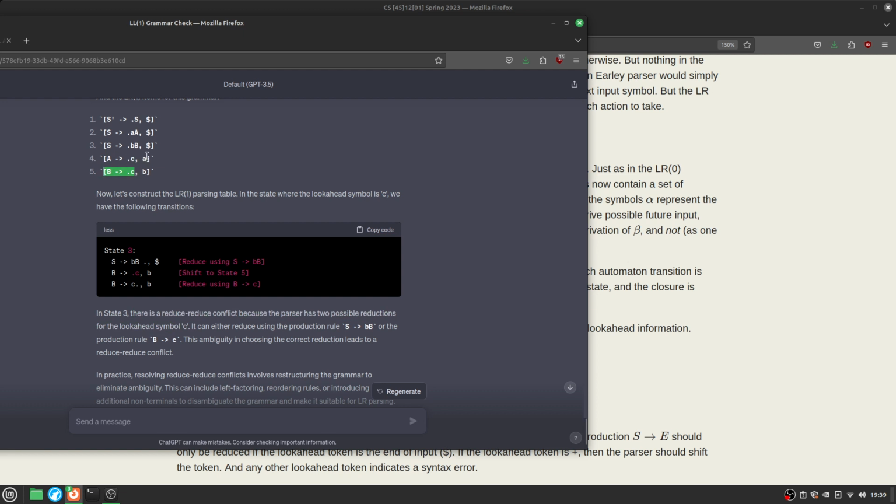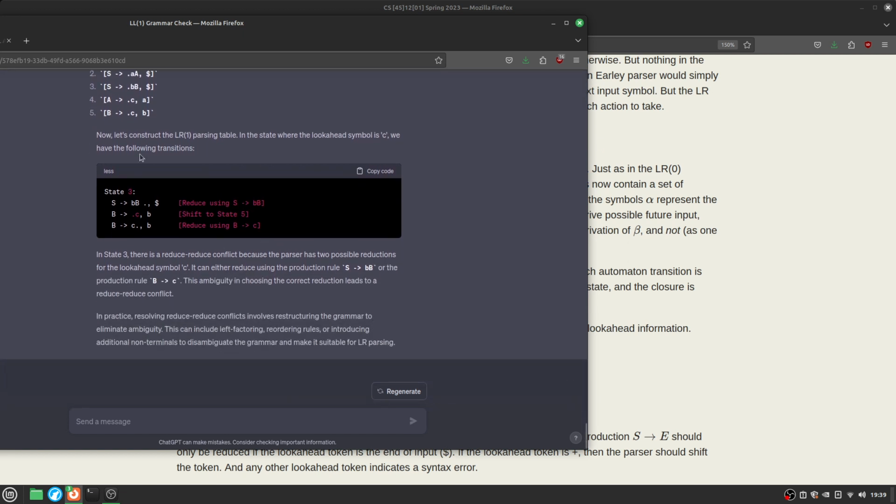So A can shift to C and B can shift to C, so the parser won't know. Yeah, the parser can't tell which one to reduce.